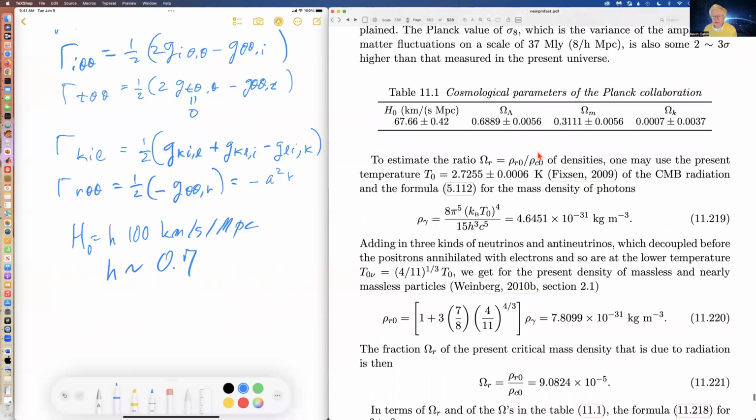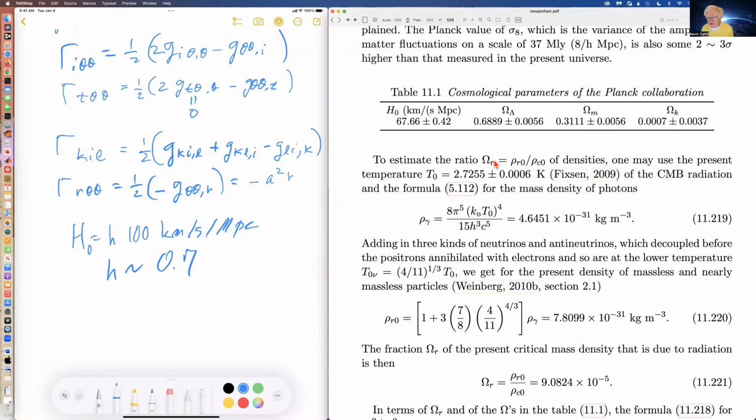So let me take you through some of these computations here. First of all, the radiation density we can actually measure, because most of this energy of radiation is the black body radiation, which of course was only discovered in the 1960s, around 1965 or so.